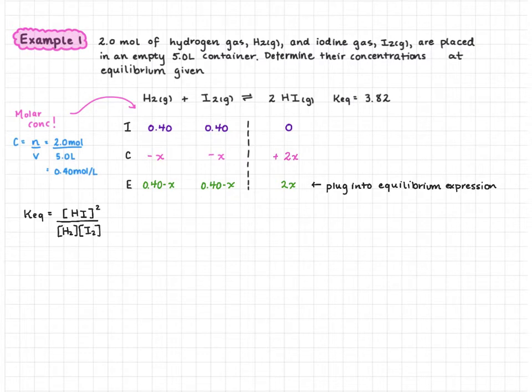Neither has a coefficient, so there's no exponent used. So we can plug in our numbers: 3.82 equals, hydrogen iodide is 2x, and that's going to be squared, over hydrogen gas, which will be 0.40 minus x, and iodine gas, which will also be 0.40 minus x.